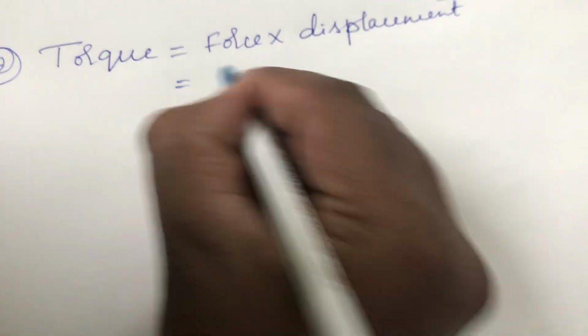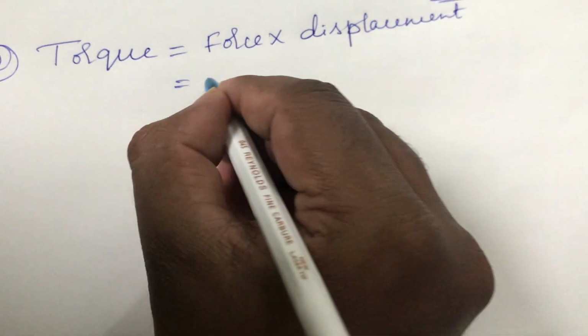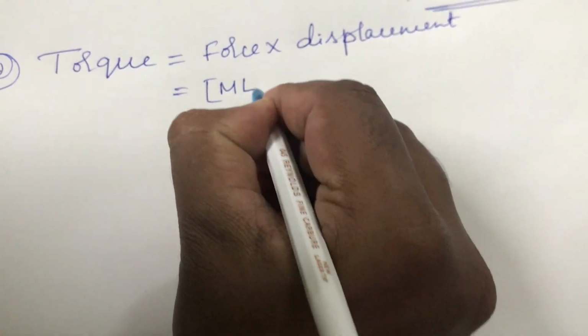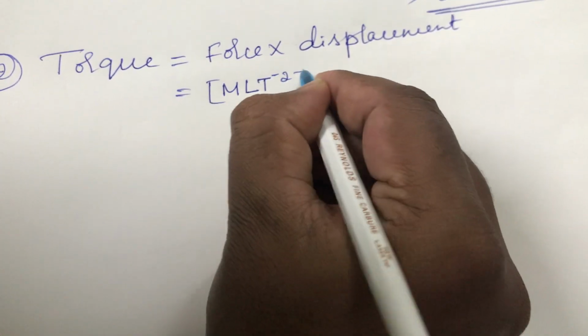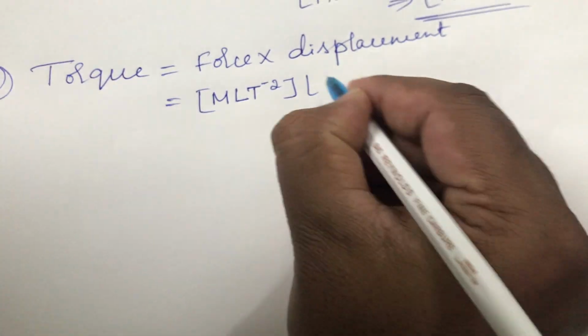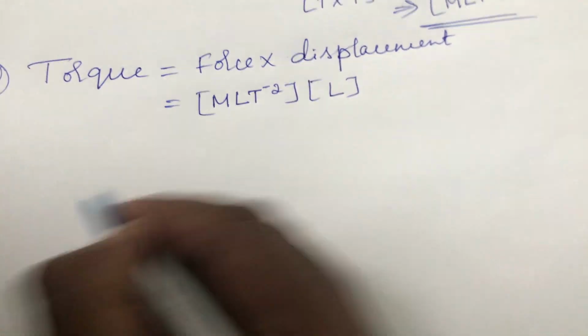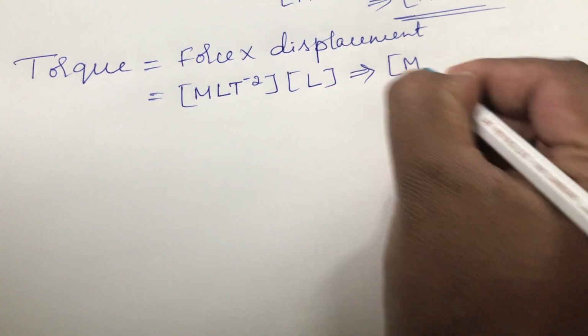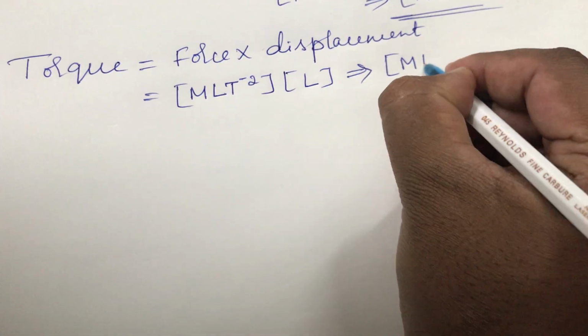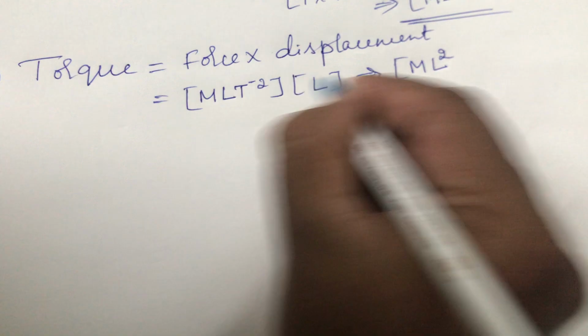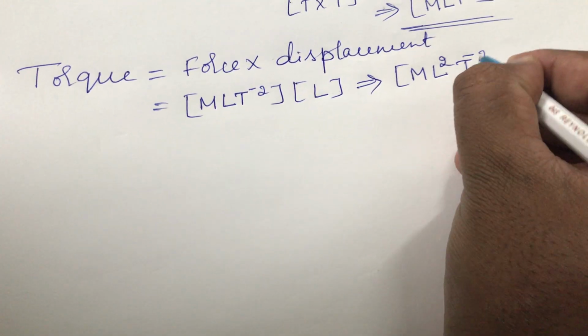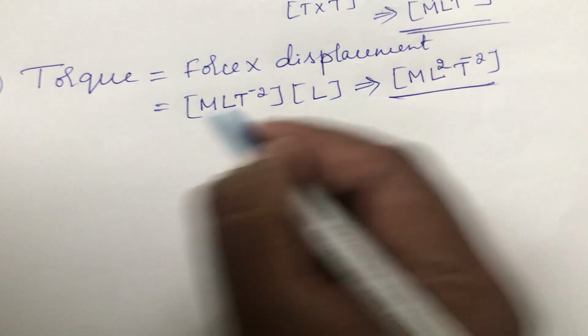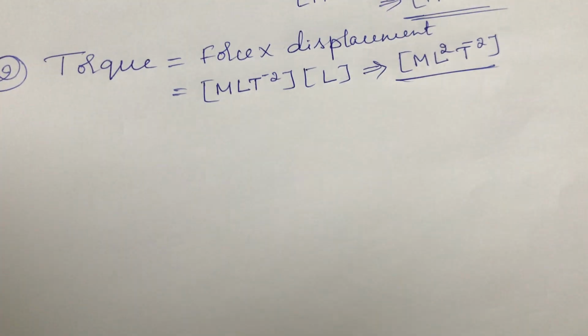Okay, so here the force can be written as m l t to the power minus 2, and displacement I can write as l. Now all together I can write it as m l into l square, and t to the power minus 2. Okay, this is the dimensional formula for torque.